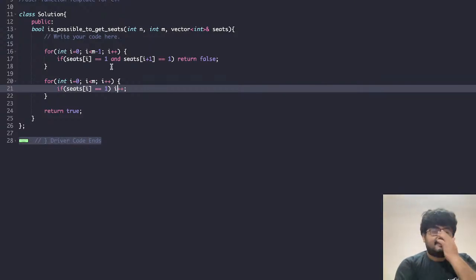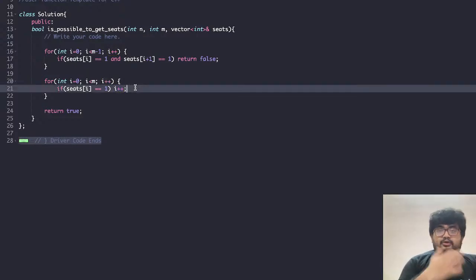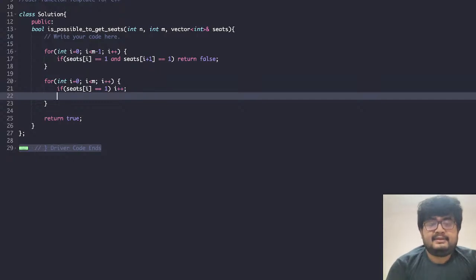Why we'll do i plus plus? Because in that case here we'll increment i by 1, and when the loop ends, i is incremented by 1 again. So we are essentially doing i plus equals 2, right? So that's what we want to do. When the seat is booked, we want to increment i by 2.